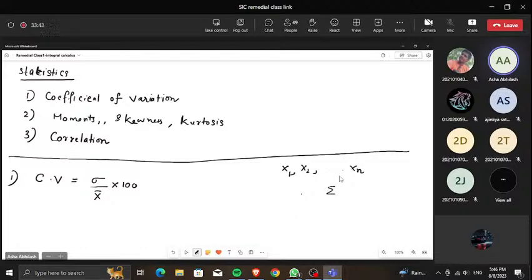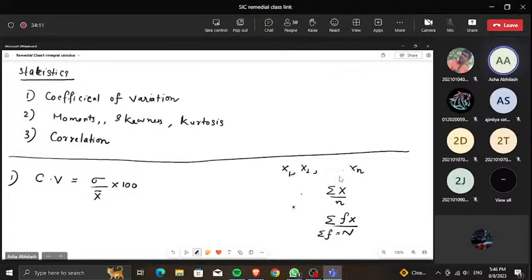So simply summation x divided by n is the general definition of arithmetic mean. If any frequency data is given, then the corresponding formula will be summation f multiplied by x divided by total number. This n means simply summation f, that is the total frequency.